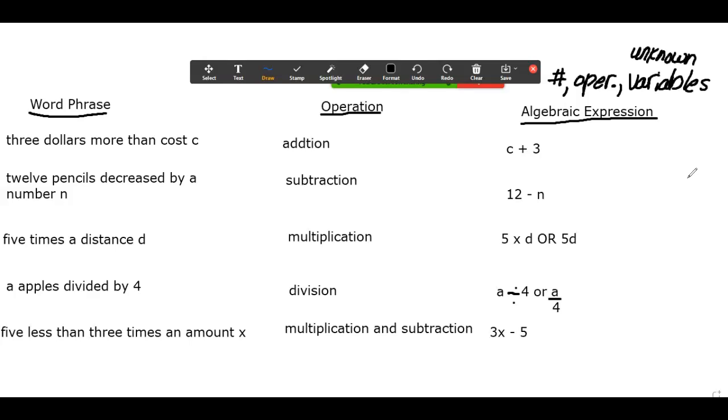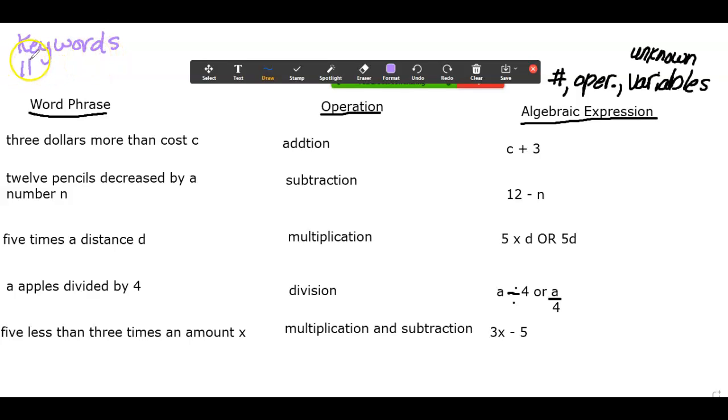All right, so now that we have this written down, let's go ahead and start talking about what this means. When I look at my word phrase over here, what I'm looking for are keywords that tell me what operation I'm dealing with.